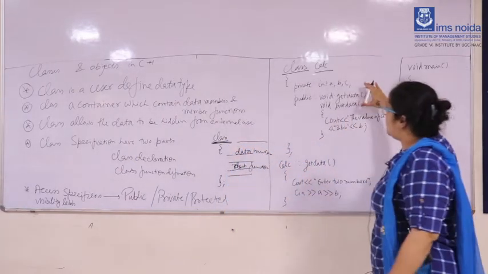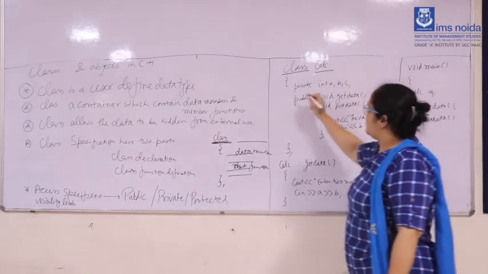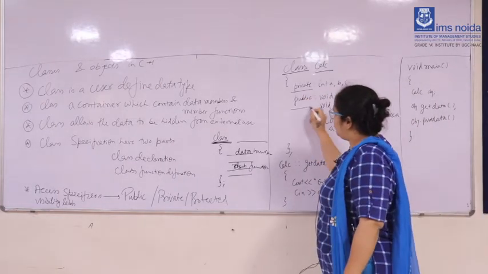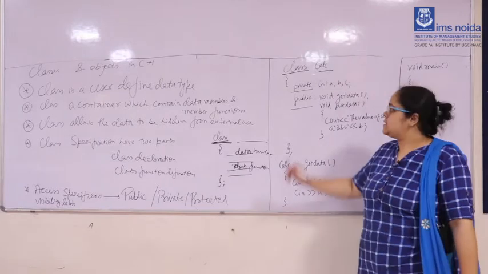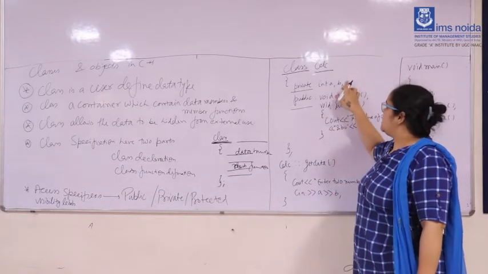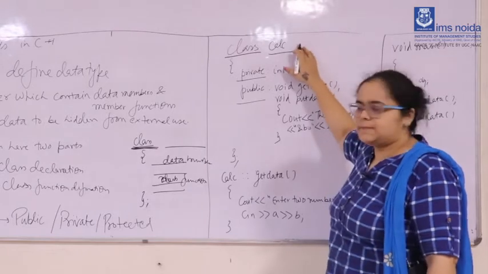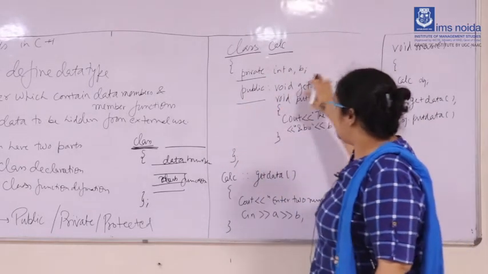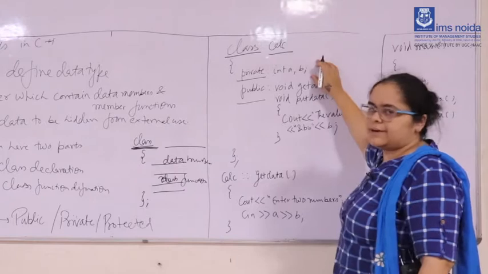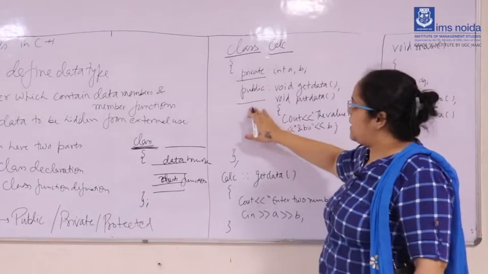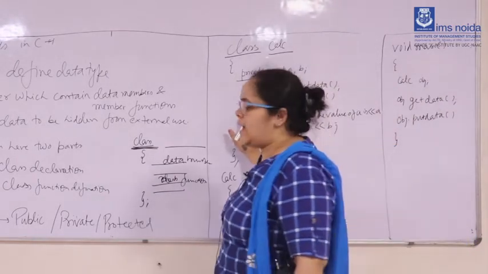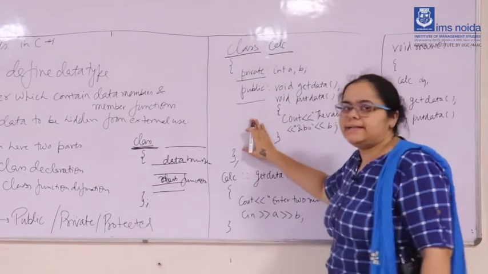Just to make it understood, this is private and this is public. That means this data is public to this class, and this is private. Public and private have some scope and visibility outside the class.